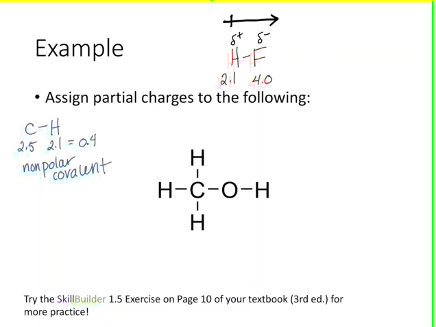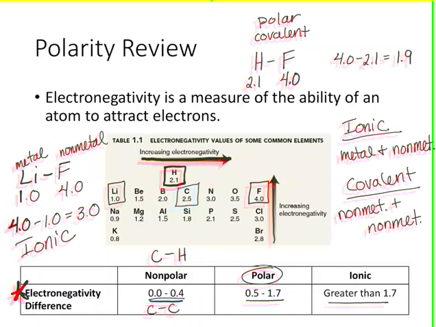And we can add the term covalent after that just to indicate that we have a covalent bond. For each of the carbon-hydrogen bonds here, we don't have to assign partial charges, right? Because those are non-polar. They're essentially sharing their electrons equally. Okay, what about carbon and oxygen? Again, carbon has a value of 2.5, oxygen has a value of 3.5.